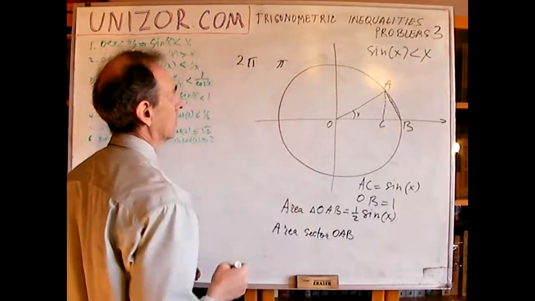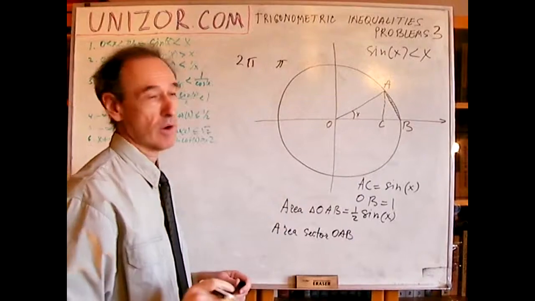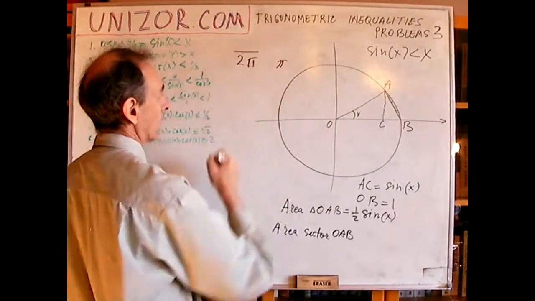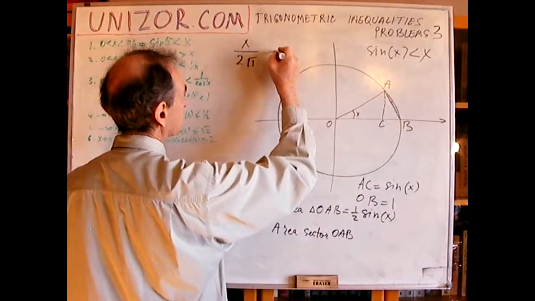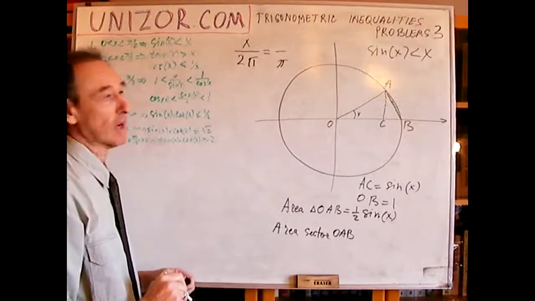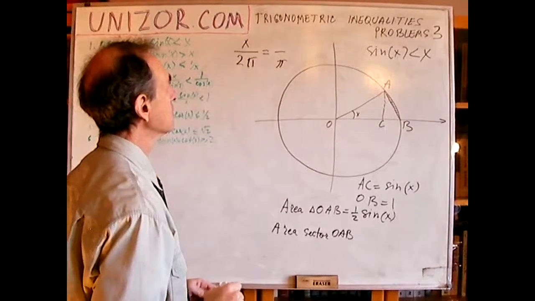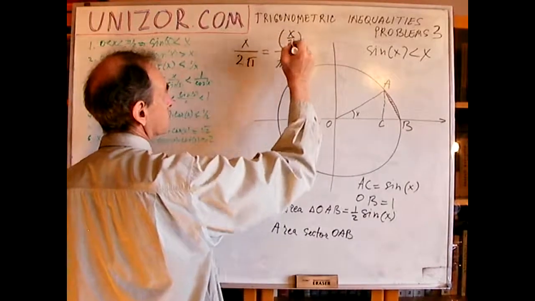So this is the total angle, this is the total area. Now, our angle is x. So now proportionality should be preserved, right? So what is supposed to be here? Well, obviously x over 2, right?